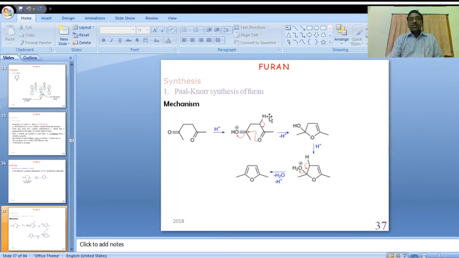Next, loss of proton and cyclization. Here is an OH hydroxy group. In the presence of acid, this intermediate is formed.